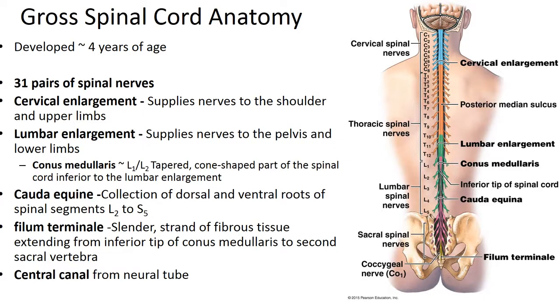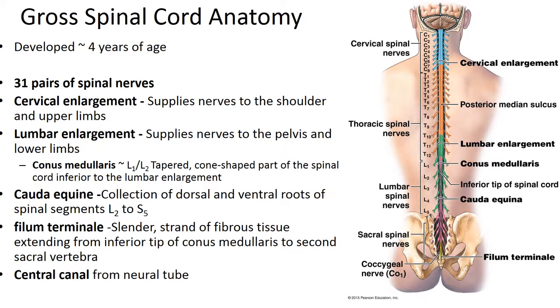Because the adult spinal cord ends at the level of the first or second lumbar vertebrae, the dorsal and ventral roots of the spinal segments L2 and S5 extend inferiorly. When looking at this in gross dissection, the filum terminale and the long ventral and dorsal roots resemble a horsetail.